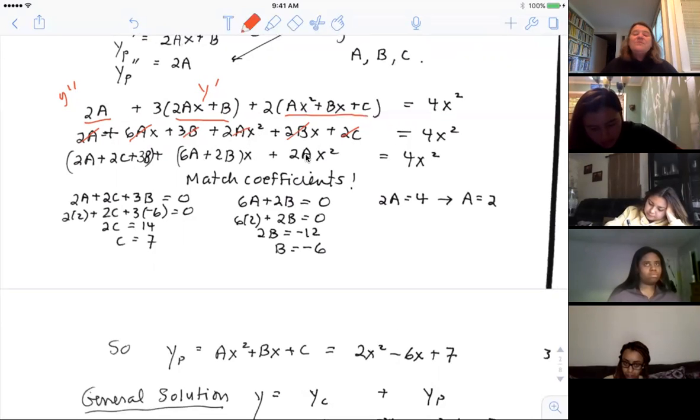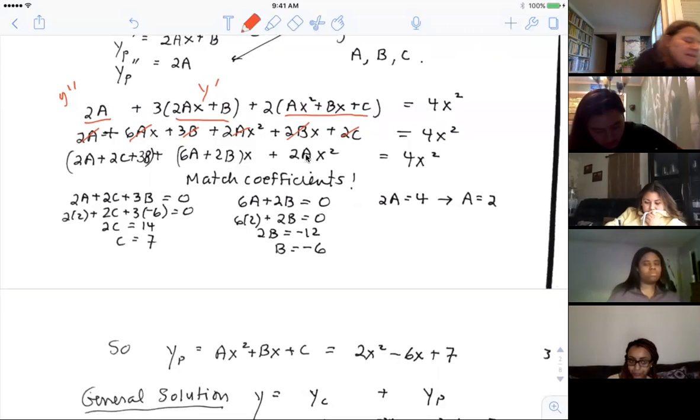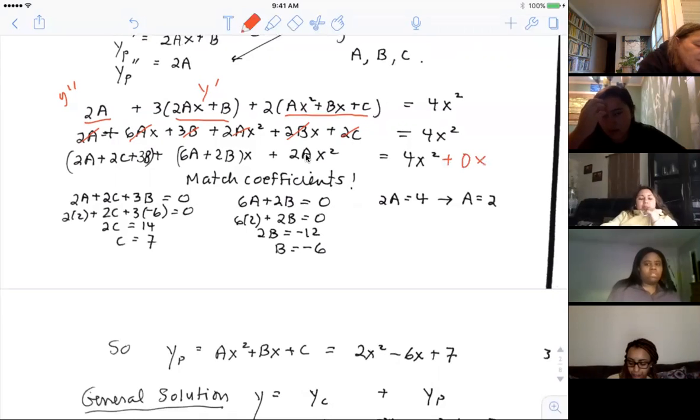Now, this is probably going to remind you of something in Calc 2. If I want two polynomials to be equal, or any kind of things to be equal, I've got to match the coefficients on either side of the equation with the right term. If you look at the right-hand side of this, it's 4x squared plus 0x plus 0.